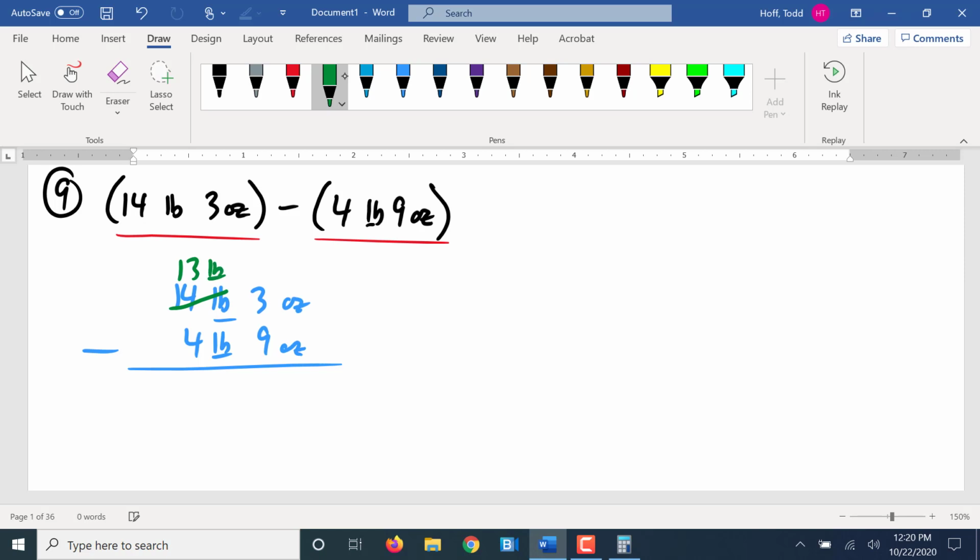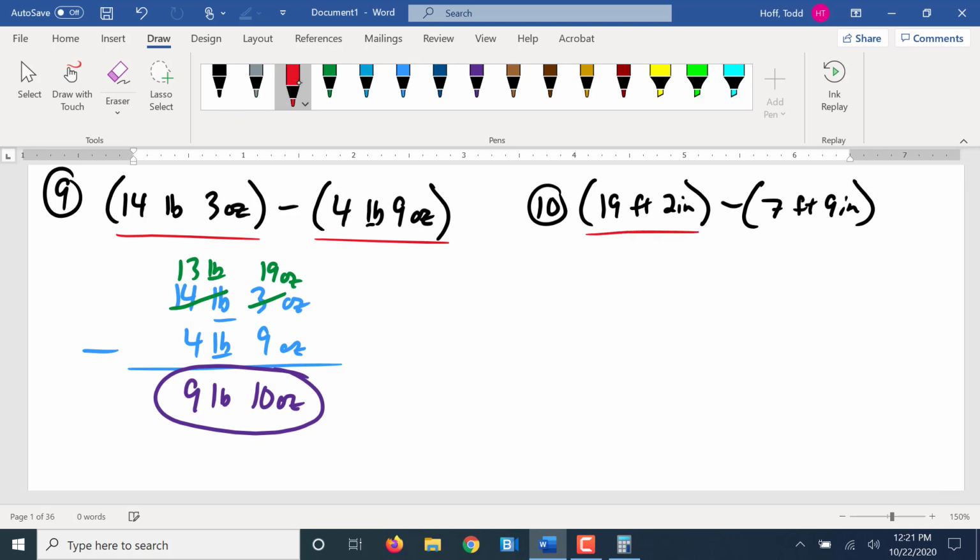There's now 13 pounds. That pound we borrowed is 16 ounces. So this 3 plus 16 is now 19 ounces. Now we can subtract. 19 minus 9 is 10 ounces. 13 minus 4 is 9 pounds, giving us 9 pounds, 10 ounces.